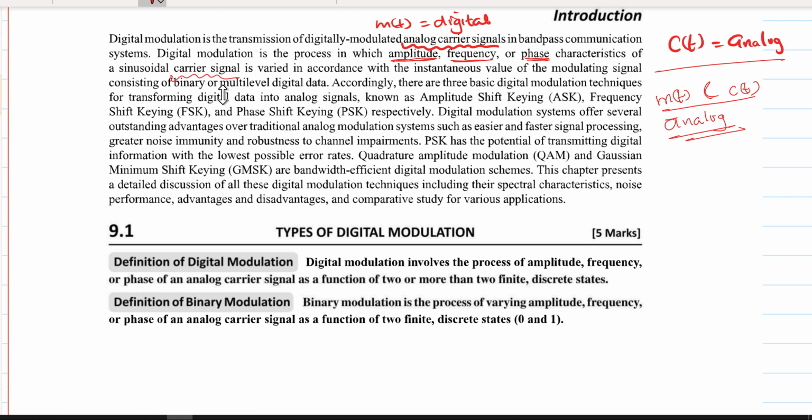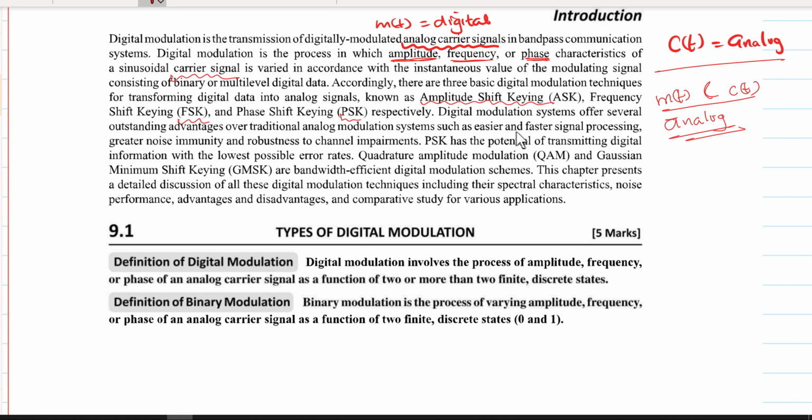When you modify the amplitude, you obtain ASK. When you vary the frequency, you obtain FSK. And finally, when you vary the phase, you end up with PSK. And of course, that is what we are mentioning here, that we have FSK, ASK, and PSK.